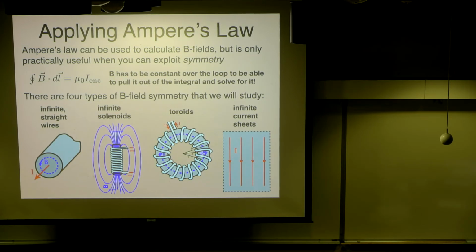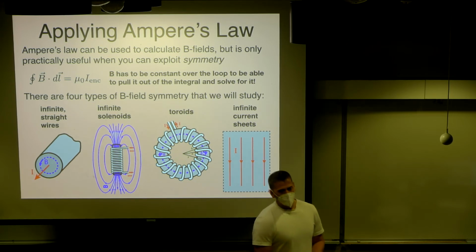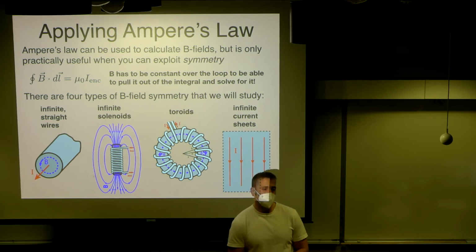Okay, so let's now talk about how to apply Ampere's law. In particular, if we're trying to use Ampere's law to calculate a B field, how do we go about doing that? It's very similar to the situation with Gauss's law. Remember how with Gauss's law, yes, we can use it to calculate an electric field, but only if we have a certain type of symmetry that we can exploit.